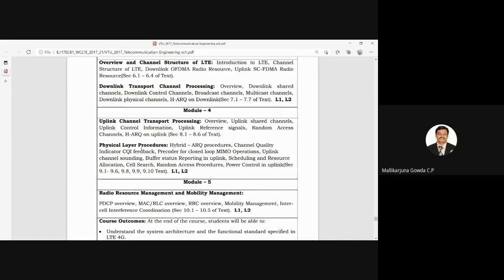I hope you have some idea about the ARQ procedure. Is it possible for any one of you to say what ARQ is? You might have studied it in your CCN. ARQ. Yes, is it possible for any one of you to say? What is ARQ?